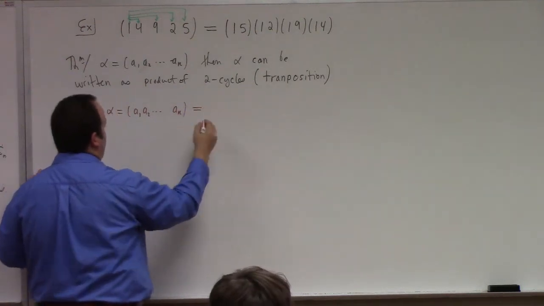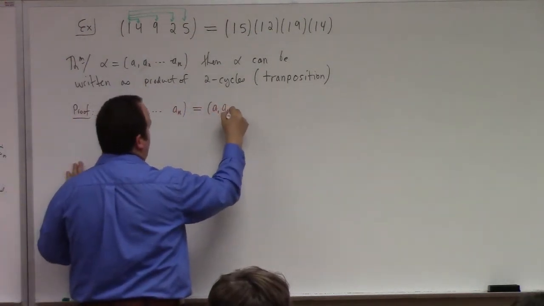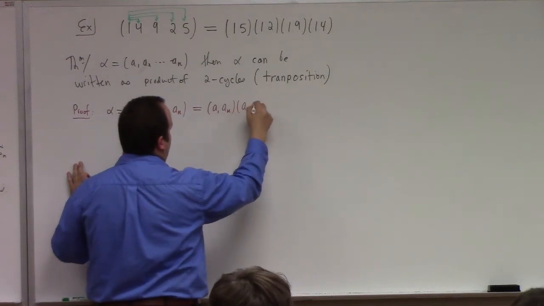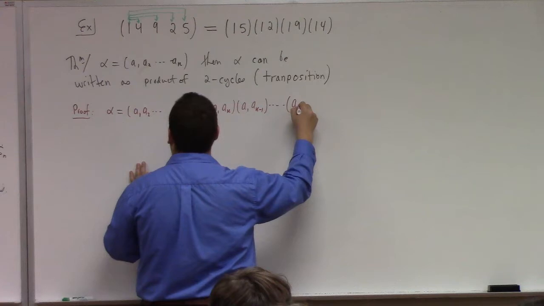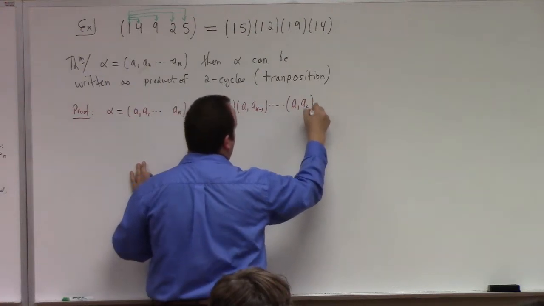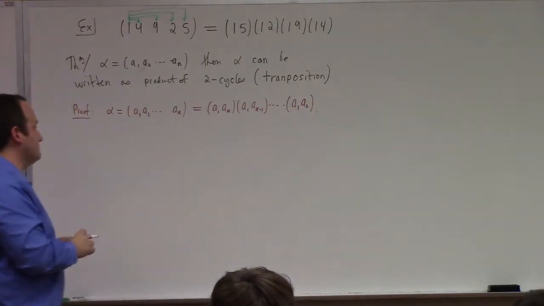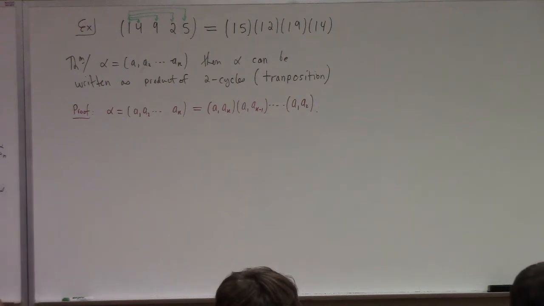You can rewrite this as (A1 AK)(A1 AK-1)...(A1 A3)(A1 A2), and that's it. To show that they're equal, just consider the elements, right?